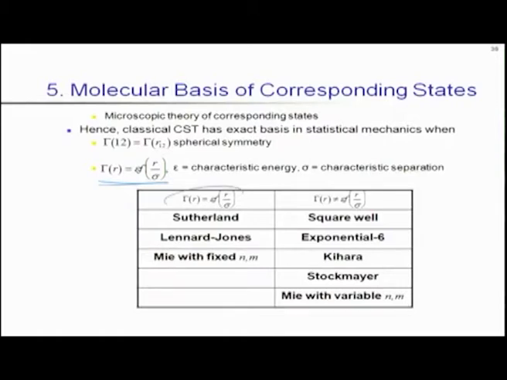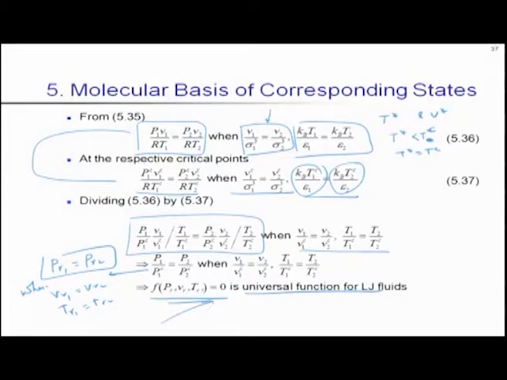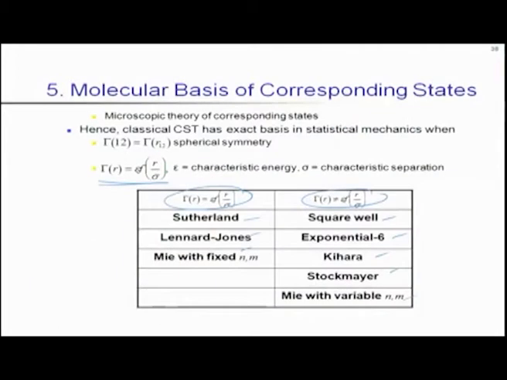So for this case, we can come up with the classical CST, and you have this for Sutherland, Lennard-Jones, with fixed N and M. But if this is not the case, such as for Square-Well, exponential Kihara, Stockmayer, with variable NP, then such an expression is not possible to evaluate.